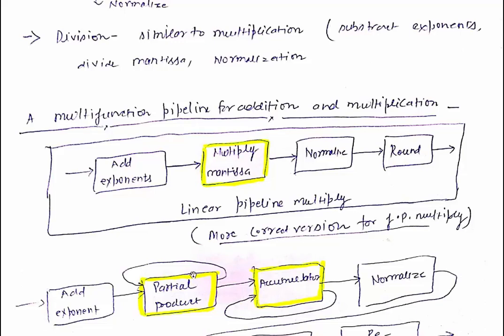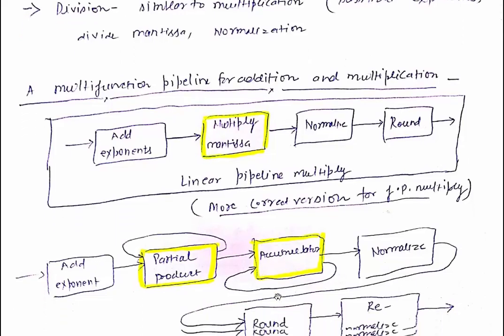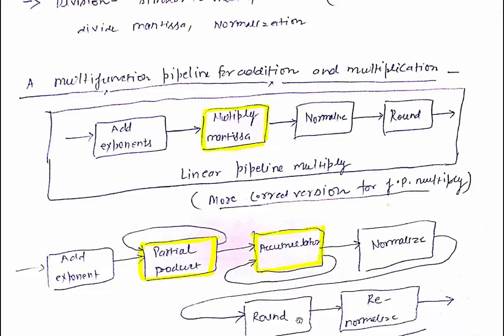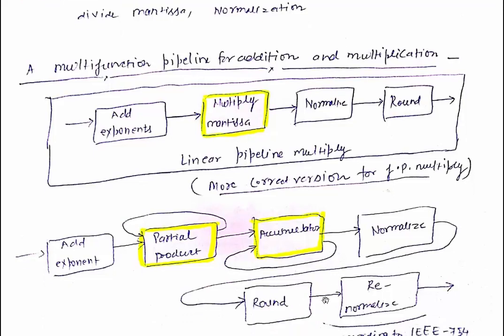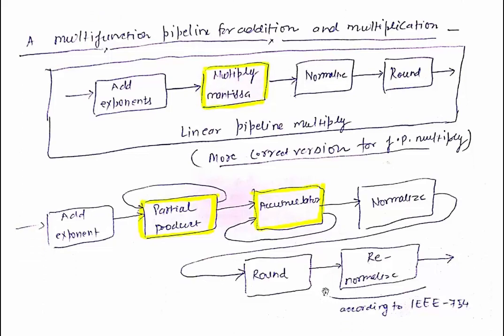Again and again you will generate the partial product, which is why there is a self loop here, and again you may have to add those partial products, which is why there is a self loop for the accumulator also. Then normalize, round off, and it may be possible that you need to normalize again according to the IEEE 754 standard. After normalization your rounding off would be there, and after rounding off you may again need normalization.